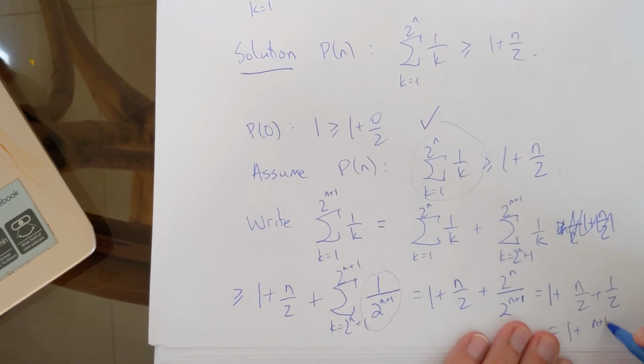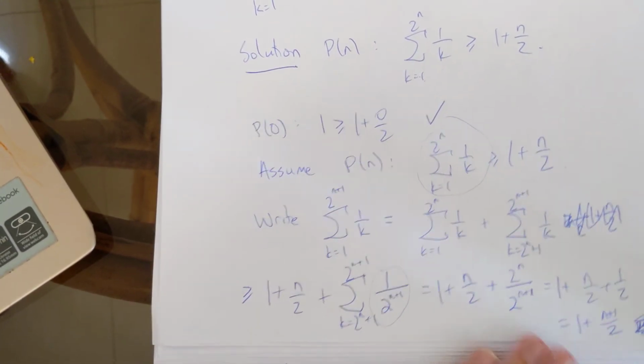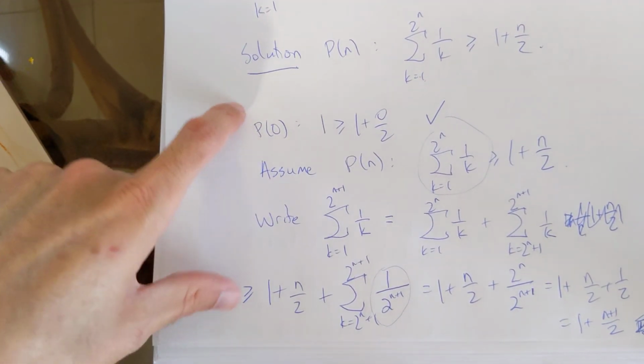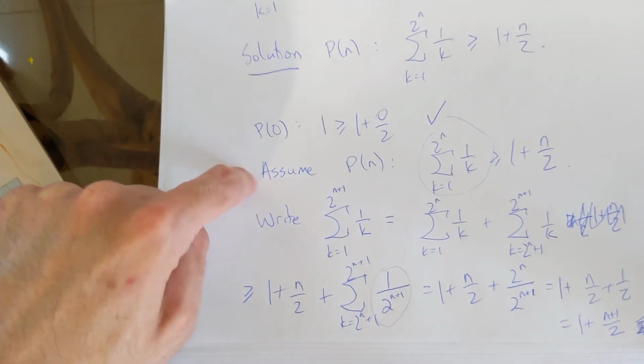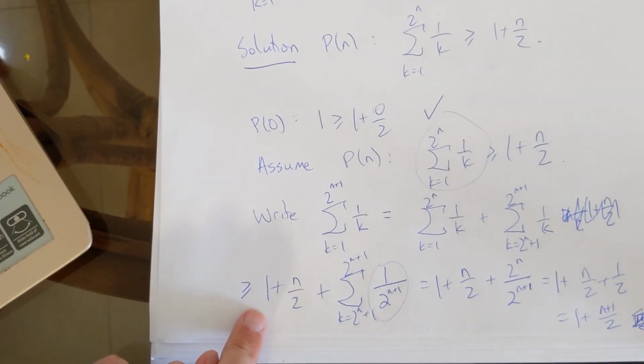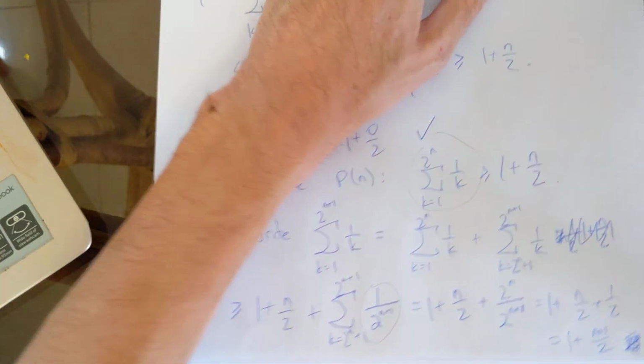That's 1 plus n plus 1 over 2, the end. Oh yeah, I guess that's not the end, because we did base case, induction hypothesis, induction step, and that's the end of the induction step. So we've shown p of n plus 1, and then we just have to write our conclusion and all that stuff.